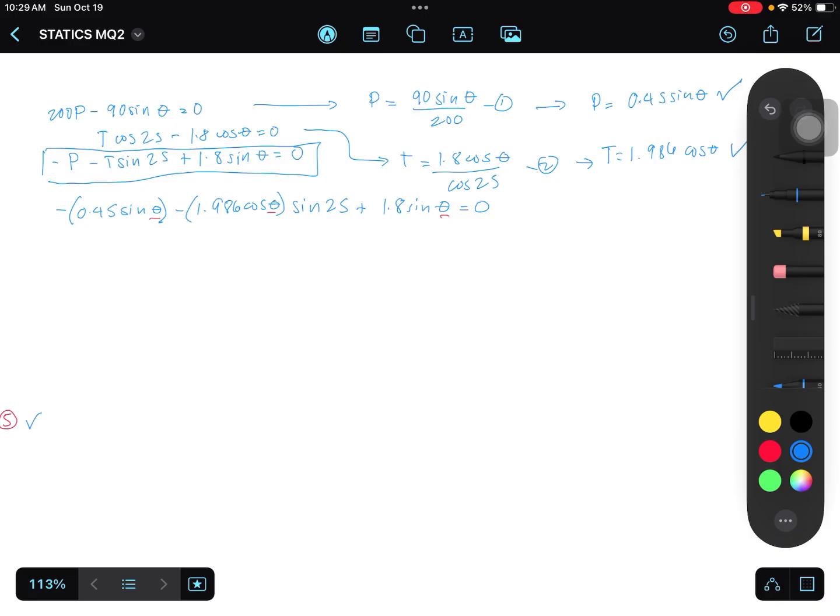So, this is negative 0.45 sine theta minus 1.986 times sine 25, this is 0.8393 cosine theta, plus 1.8 sine theta. So actually, we can combine ito and ito.